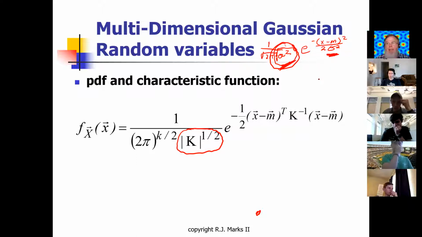Well, we can't take 1 over sigma squared, but we can invert it. And so we do this K inverse, and that's kind of like the substitute for the 1 over 2 sigma squared. And so we see at least a friendly relationship between our old one-dimensional friend, the Gaussian, and the multidimensional case.